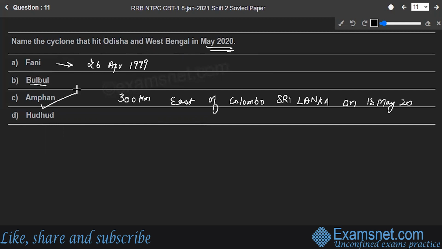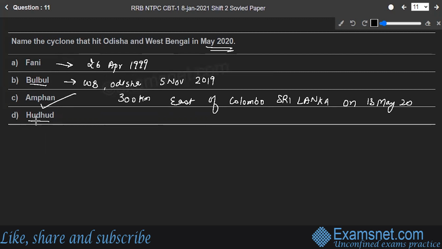Talk about Bulbul. Cyclone Bulbul hit the coastal districts of West Bengal and Odisha on 5 November 2019. It made landfall between Sagar Islands of West Bengal and Khepupara in Bangladesh. The wind speed in this case was 155 kilometers per hour.